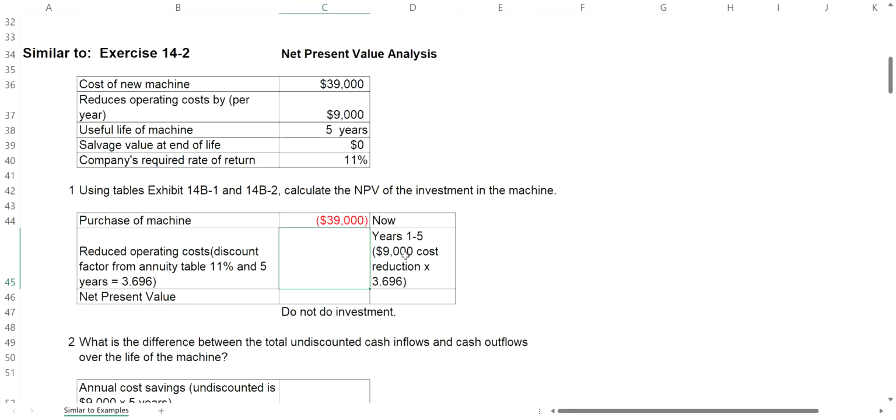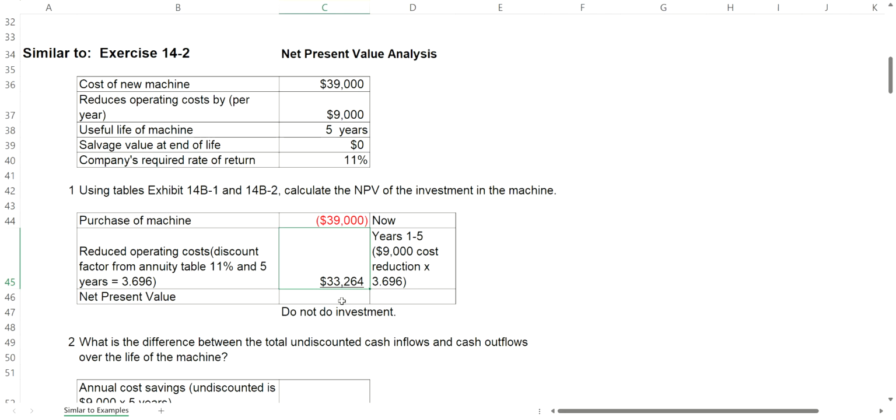And what I'm going to do is take 9,000 times 3.696. And so the present value of it is worth $33,264.